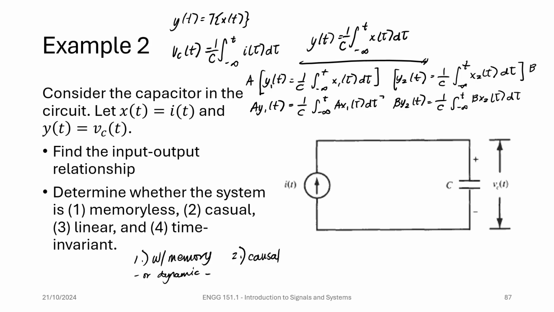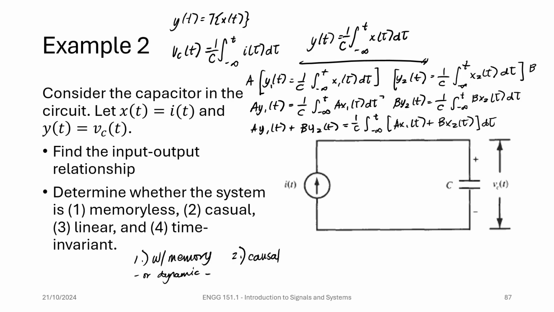Okay, now, let's add both equations. So we have ay1 of t plus by2 of t. Since constant si 1 over c, labas. Likewise, yung integral, wala namang effect on the addition. So we're just going to add yung ating integrand, no? So we have ax1 of tau plus bx2 of tau. Of course, si d tau hindi naman siya affected, no? Wala naman tayong pinalitan kay d tau.